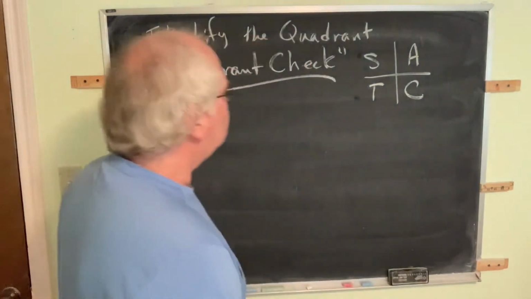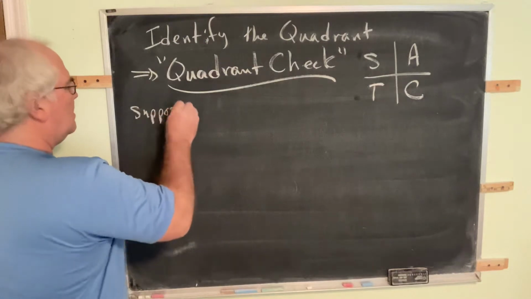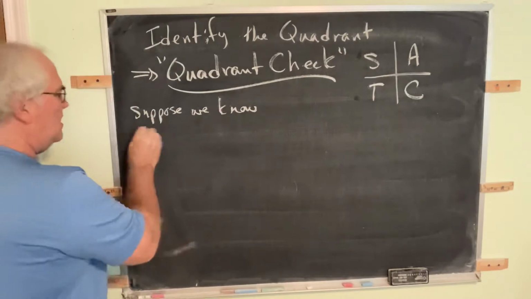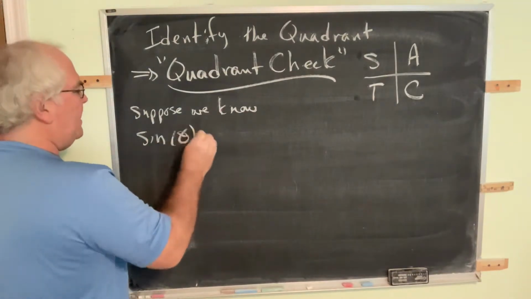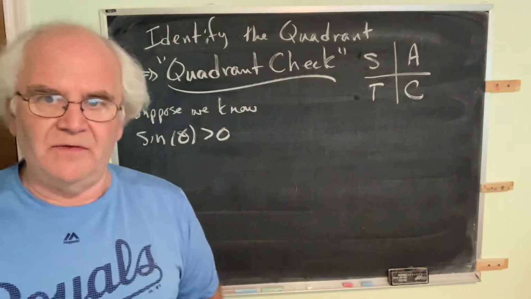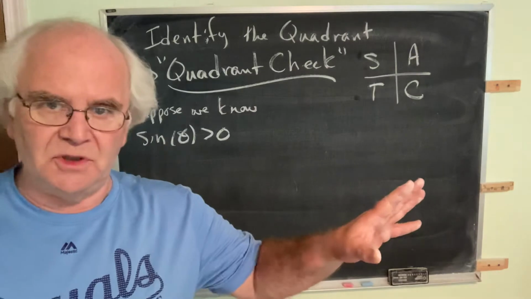Cotangent and tangent always agree. And then cosine, and hence also secant, is positive in quadrant 4. So, suppose we know sine of theta is greater than 0. What information do we get? We need to do quadrant check.